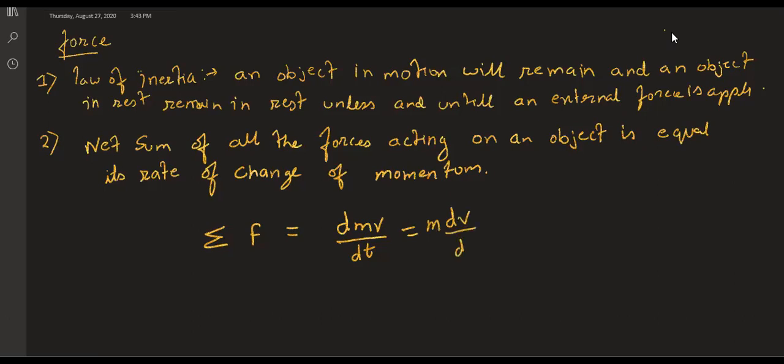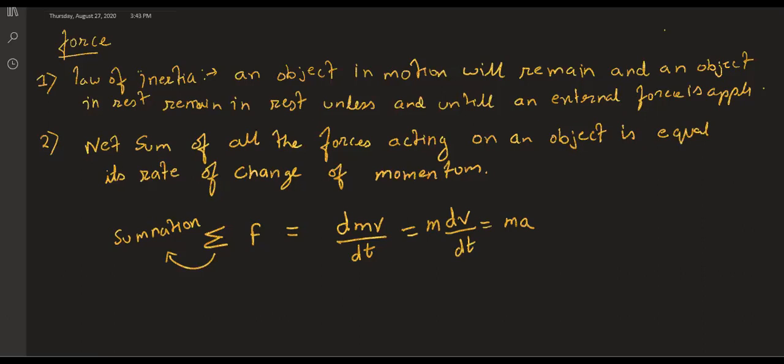Now what is dv/dt? It is acceleration a, so it is ma. That's what many of you were saying: F is equal to ma. So this is Newton's second law.